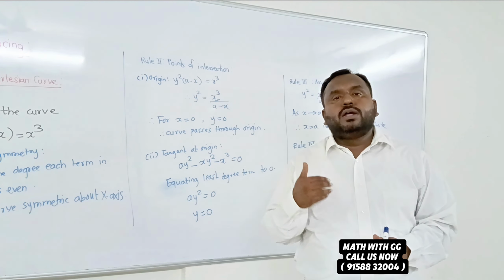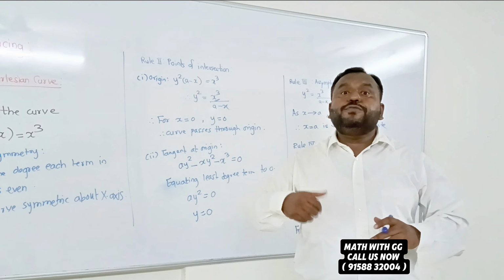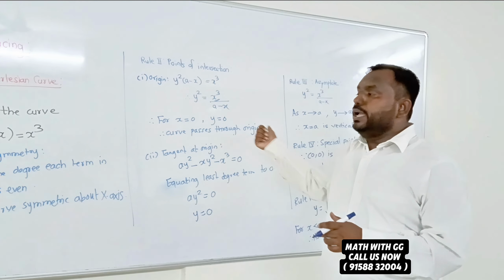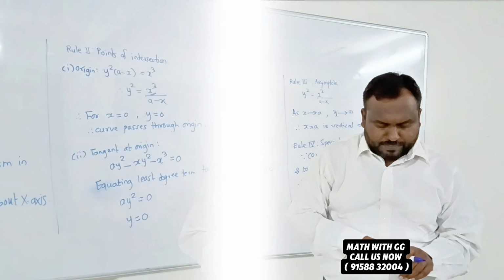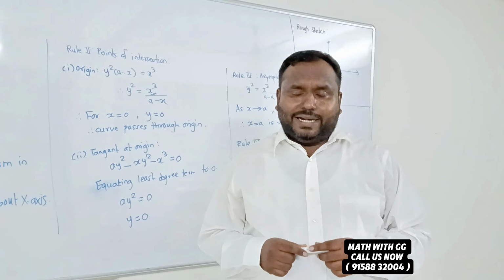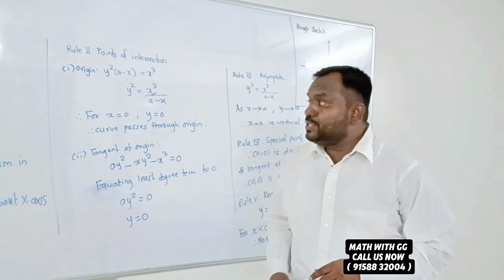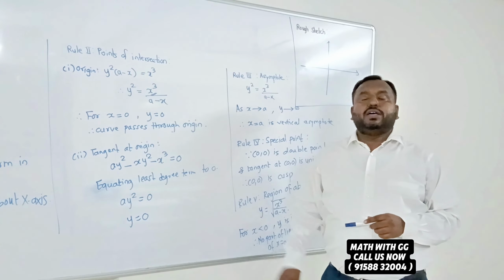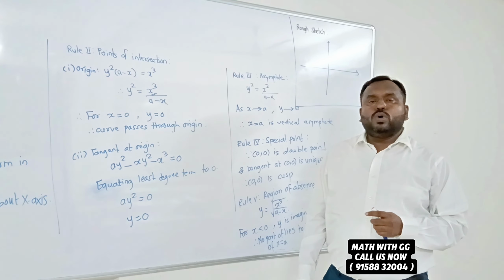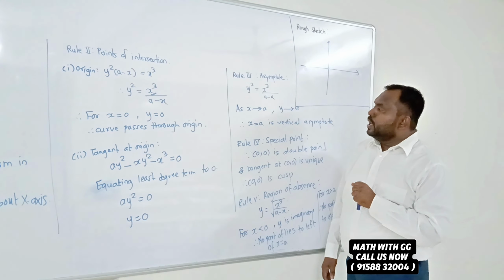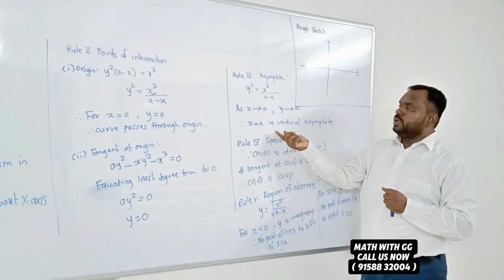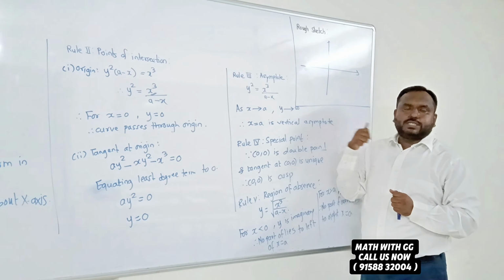Now let's draw a rough sketch based on the information we have written. First we'll go to rule number 3. If you observe the asymptote, x equal to a is your vertical asymptote.